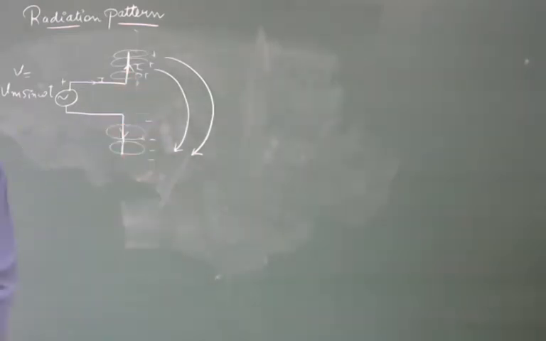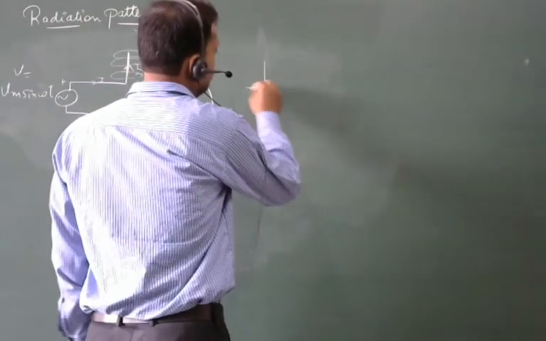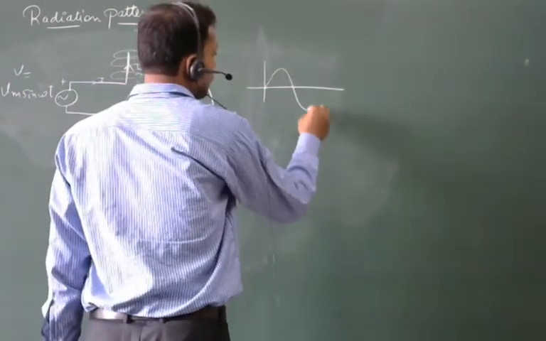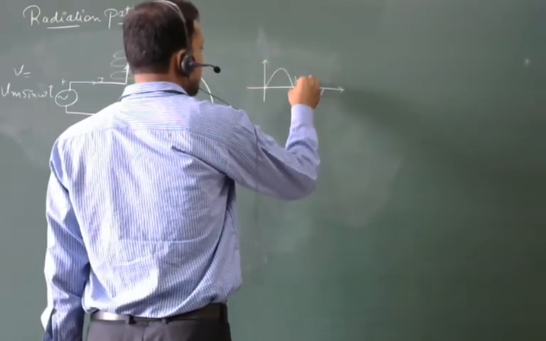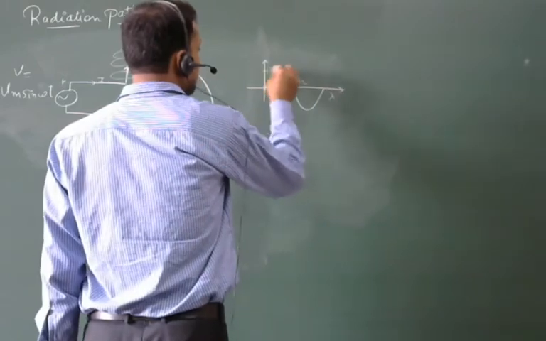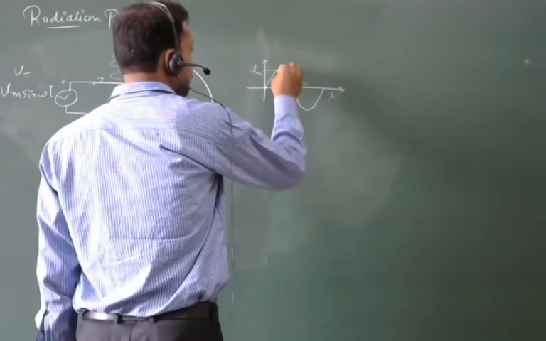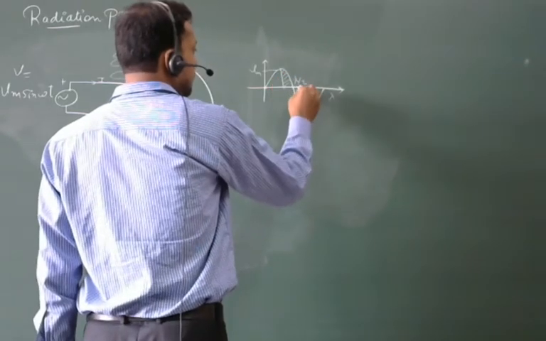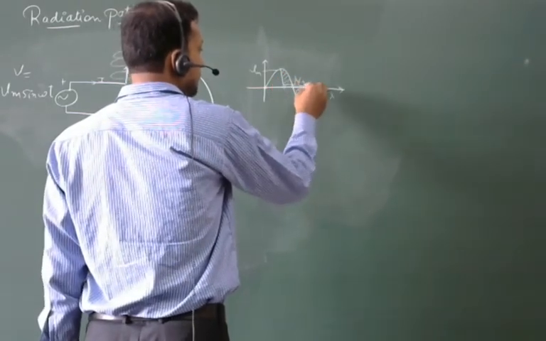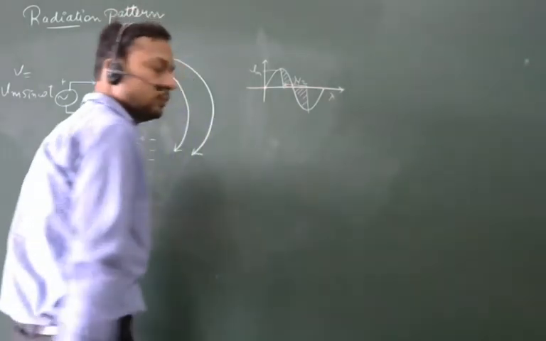This circuit has two poles, and if the waveform, say this is lambda by 2, this is lambda, and this is Vm. So this is a dipole that covers the first half and the second half, with the total distance from here to here being lambda by 2.